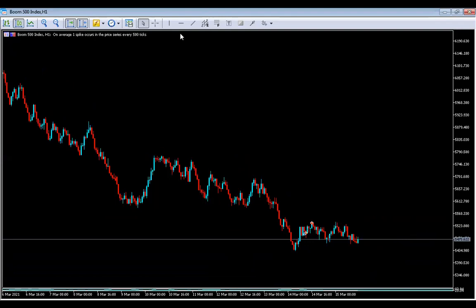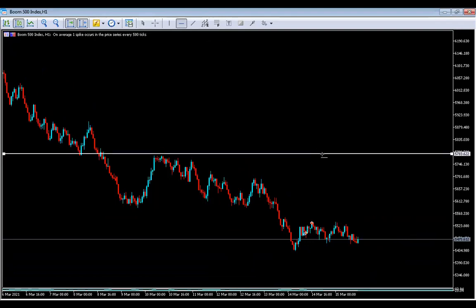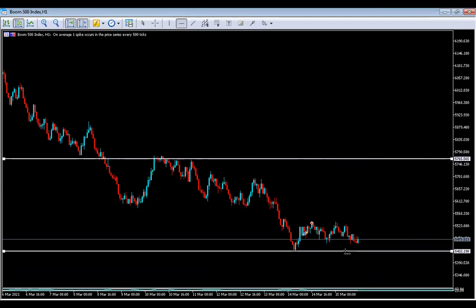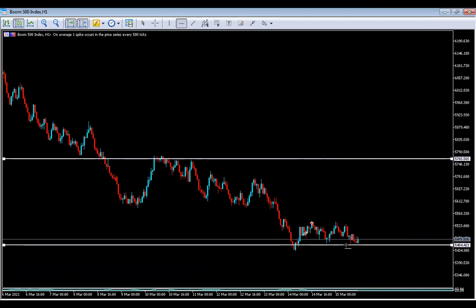So you want to spot out your supports and resistance. Now, for you to figure out a real support or resistance, you must make sure that the market has respected that zone twice or at latest 3 times in the past.